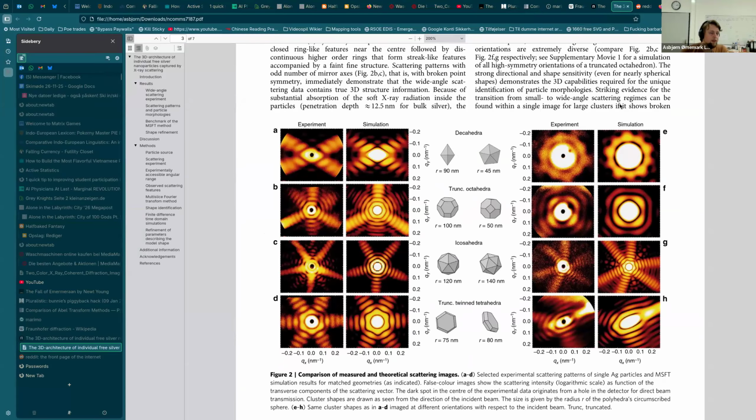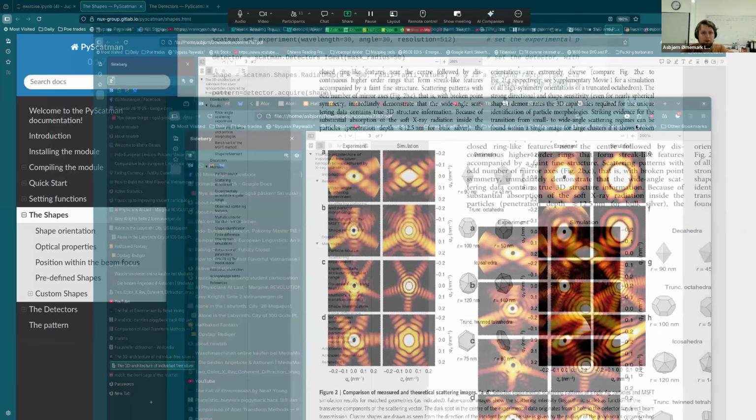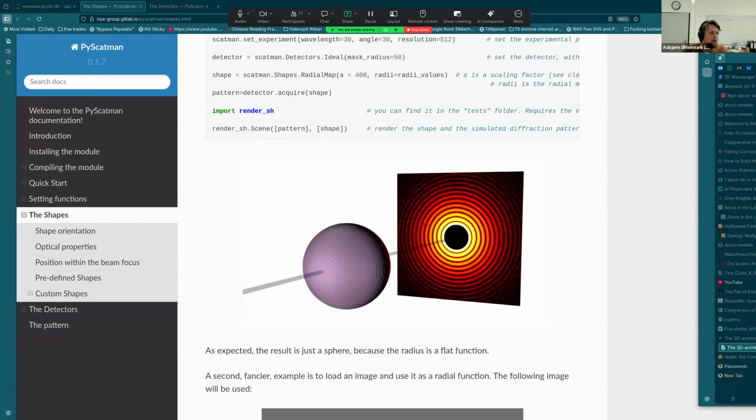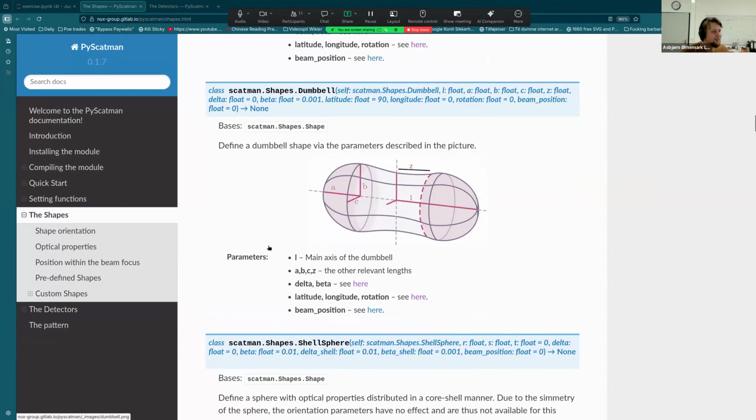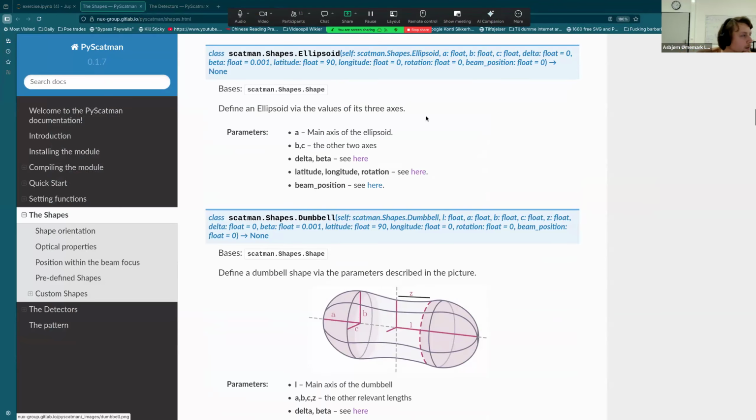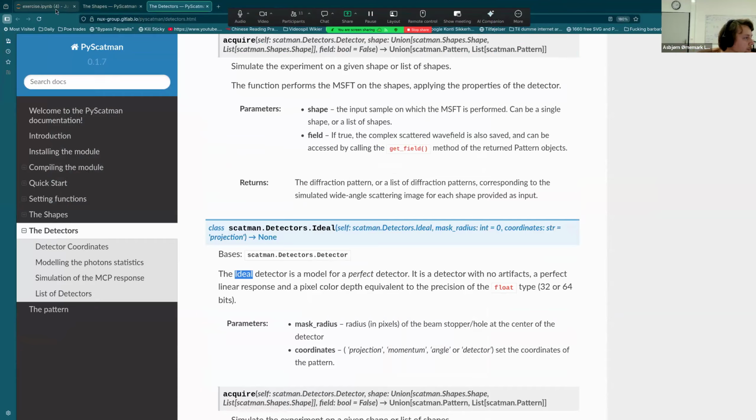You can do it, but it's a bit more complicated because this program is made for wibbly wobbly shapes.